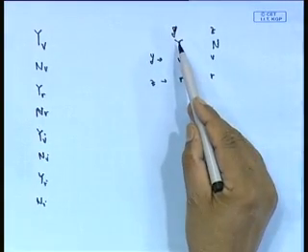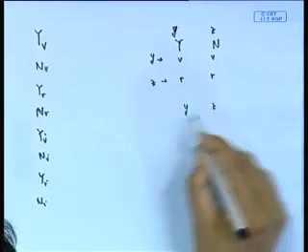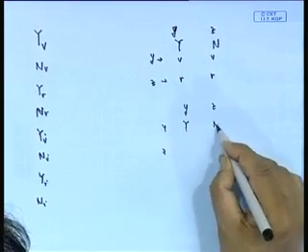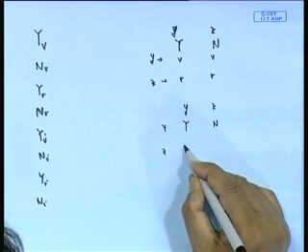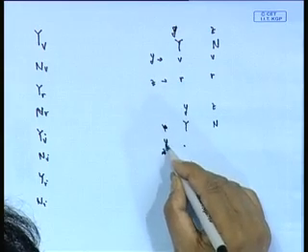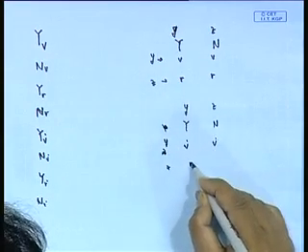You will see similar will happen for acceleration. If I write here Y and Z, this is v dot, r dot.